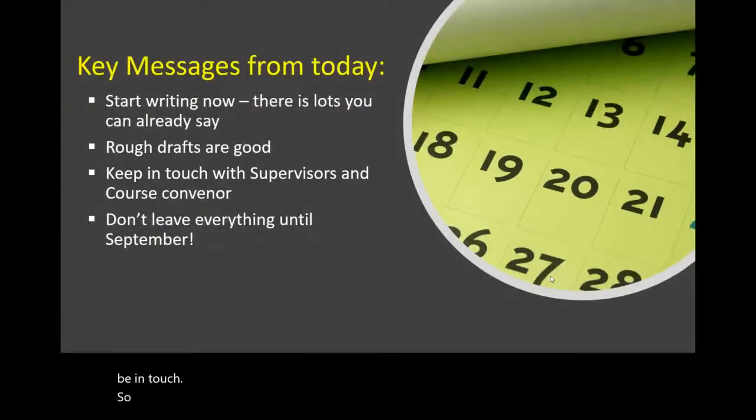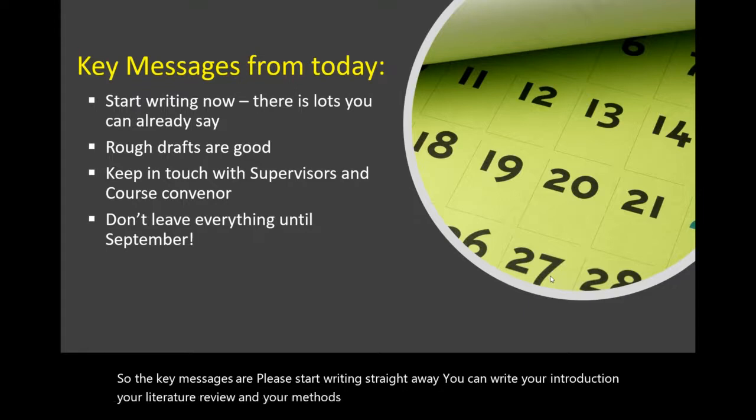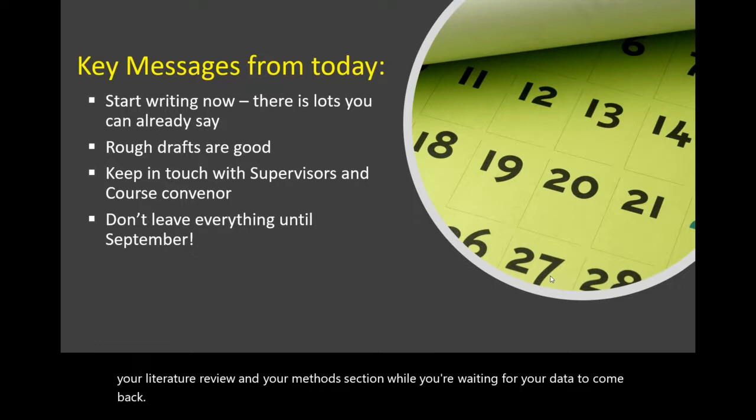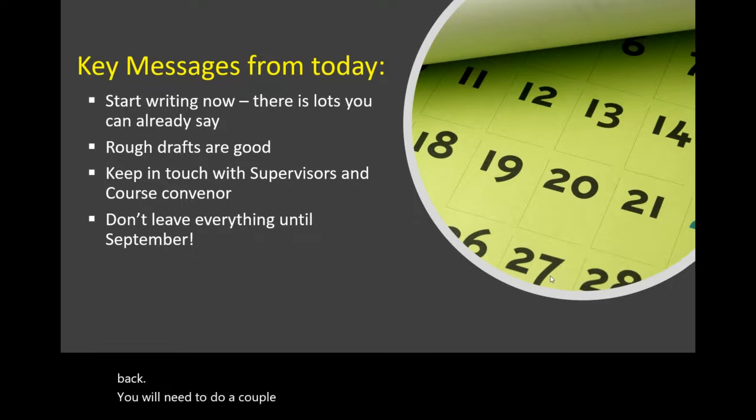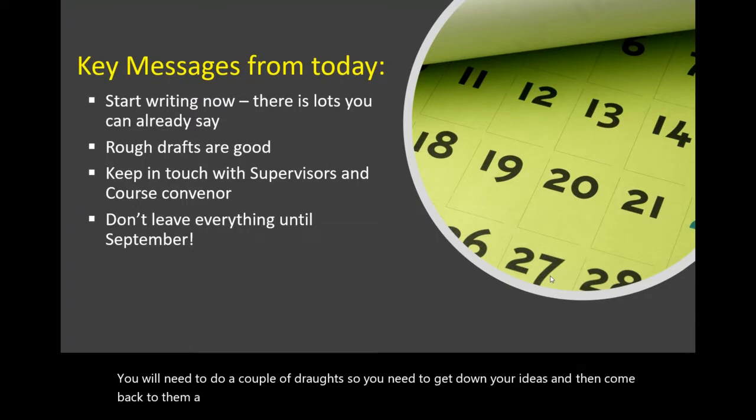So the key messages are, please start writing straight away. You can write your introduction, your literature review, and your methods section while you're waiting for your data to come back. You will need to do a couple of drafts. So you need to get down your ideas and then come back to them a few days later, and also have time to think about how they compare to the literature.